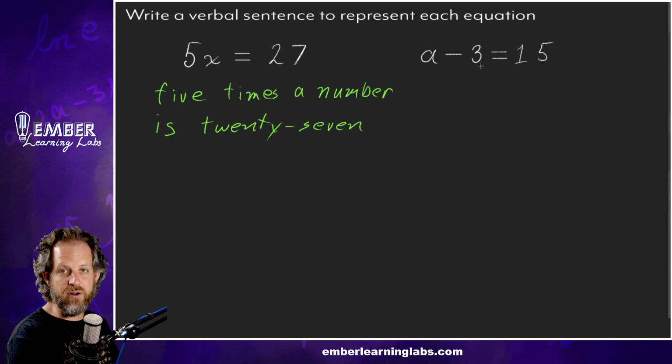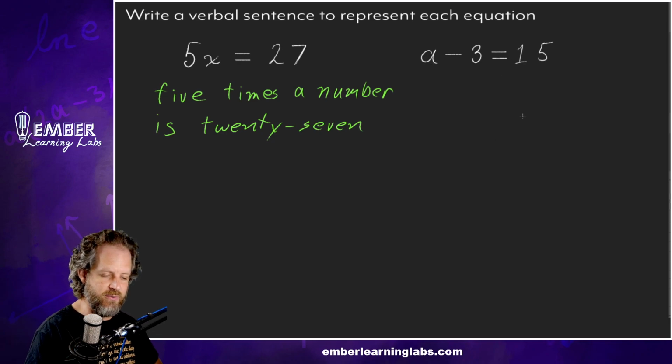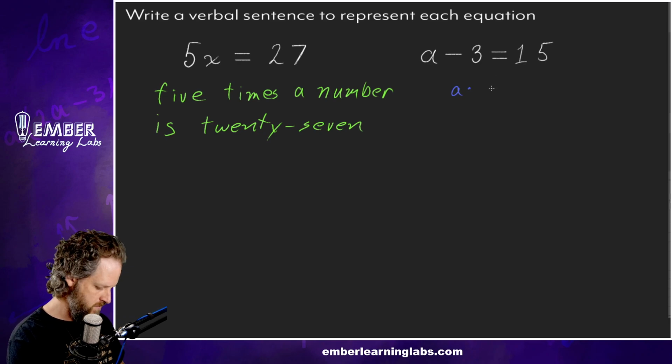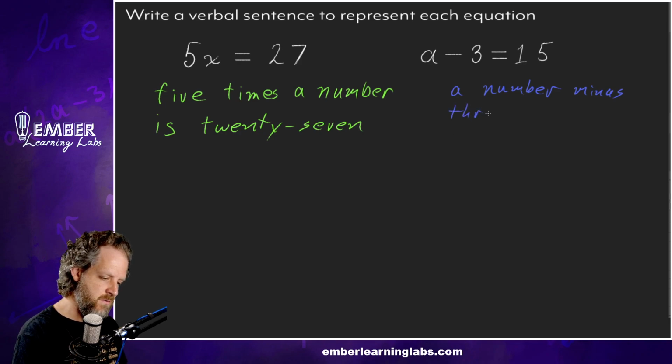So a number minus 3, or 3 less than a number, or the difference of a number and 3, right? There's several different ways we could write this. I'm just going to say a number minus 3 is 15.